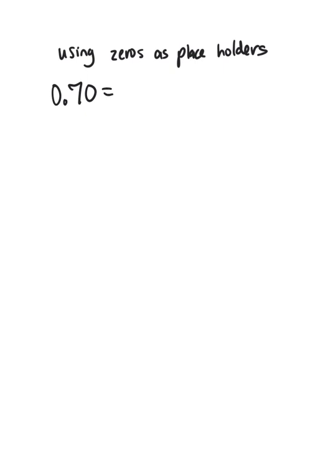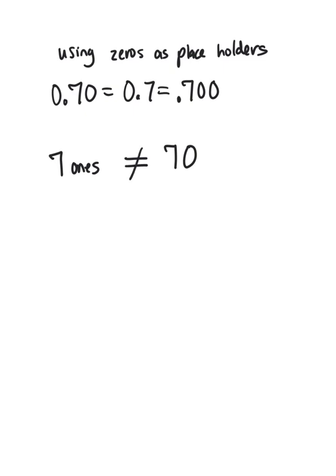This has the same value as 7/10, and that has the same value as 70/100. So you can add as many zeros onto the end of a decimal amount as you want without changing the value of the number. But with whole numbers, that's not the case. If this is 7 ones, I can't just add a 0 onto the end of that and have it have the same value. So zeros have a different meaning in whole number form than they do in decimal form.